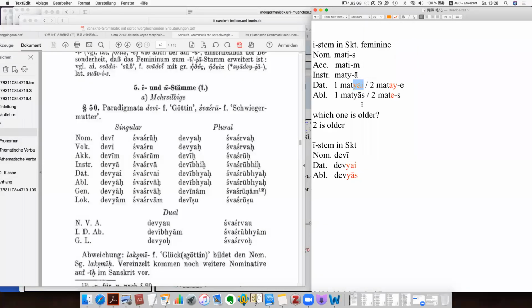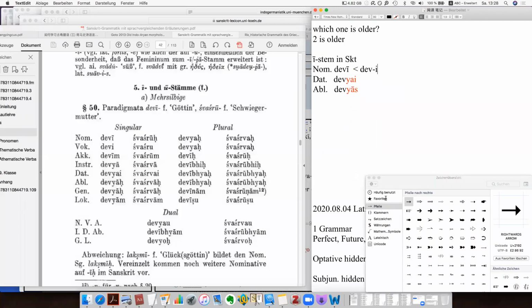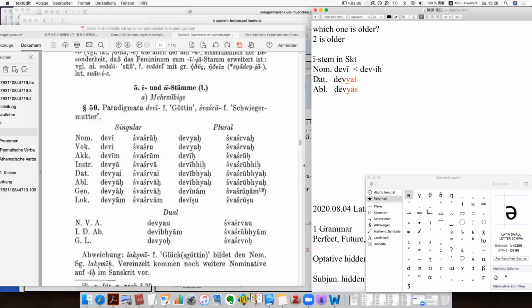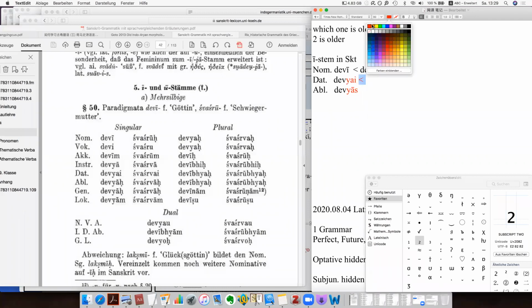Yeah, and this one is actually more original because this comes from dev plus E. This actually comes from the original form, devi, with a laryngeal at the end. So laryngeal lengthens the e, the laryngeal lengthens the preceding e, so we have a long e. Why is this i? This is how it came about, let me show you.